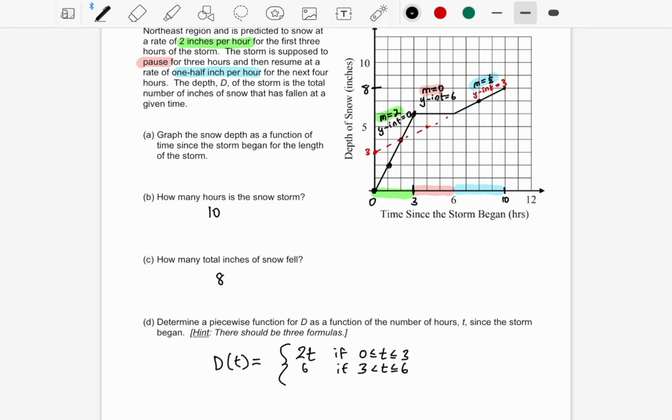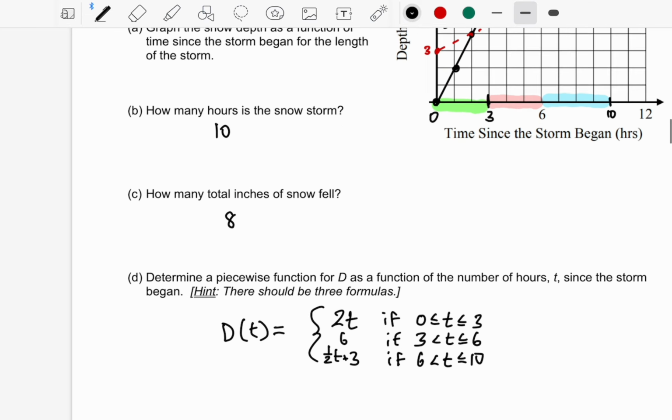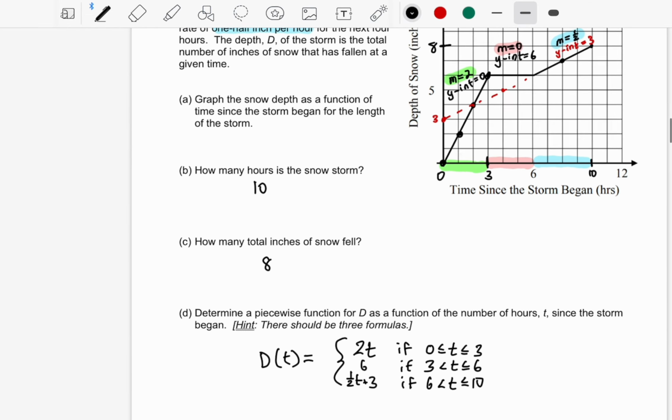And then the last piece, 1/2 t plus 3. And that would get us the rest of the way, so 6 for the next 4 hours: 6 less than t less than or equal to 10. Try to get as much of that on the screen as possible.